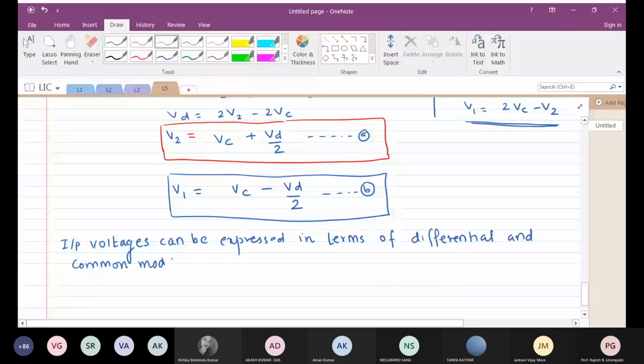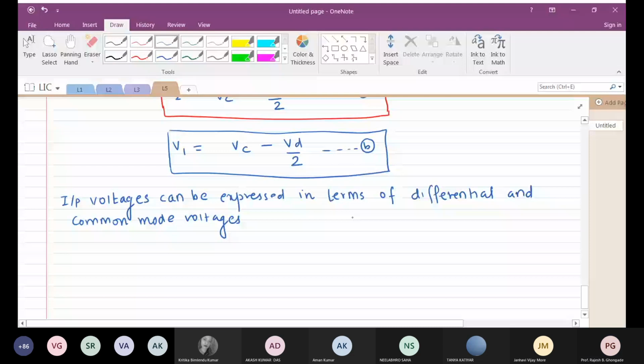Nothing great. I'm just expressing it in terms of VC and VD because VC and VD form a very important part which you will see later on.